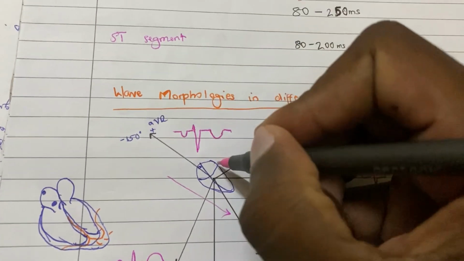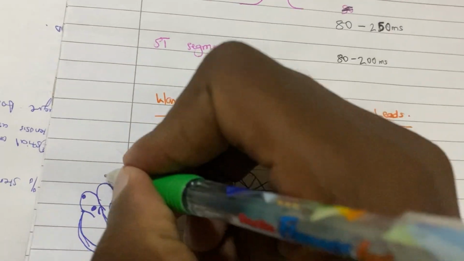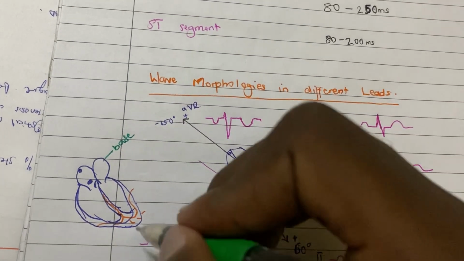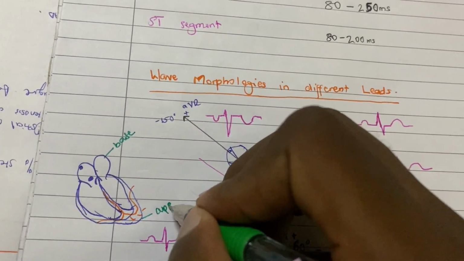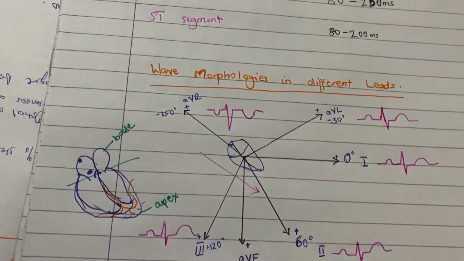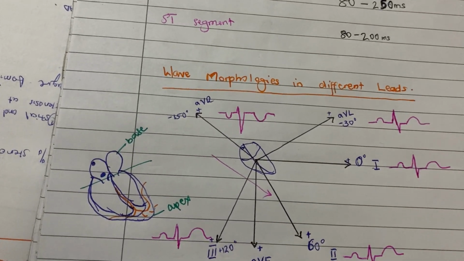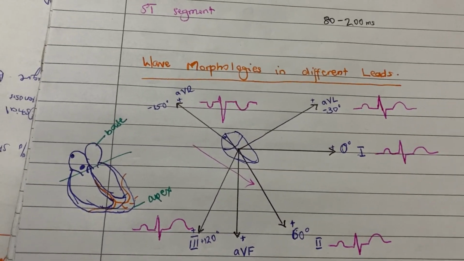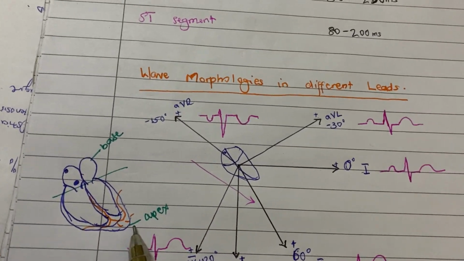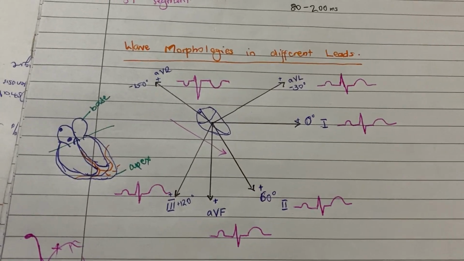This is the base of the heart, and then this is the apex. The base is where we have the atria, and the apex, because of the anatomical positioning of the conduction system, starting from the base and ending at the apex. That's why we have it like that.